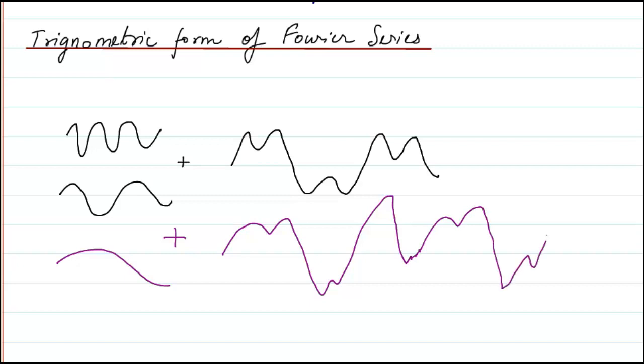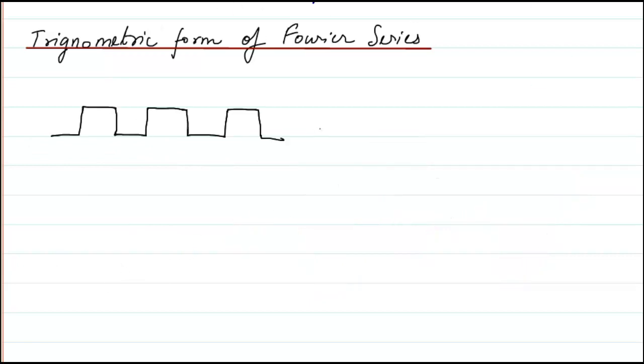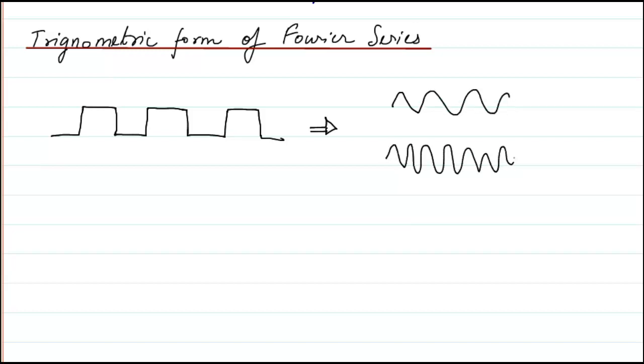Now this understanding of the periodic signal led Fourier to come up with a statement that if you take any periodic signal, like this, then you can actually get this waveform by adding several periodic waveforms of different frequencies.